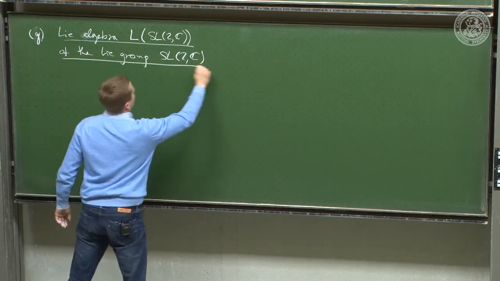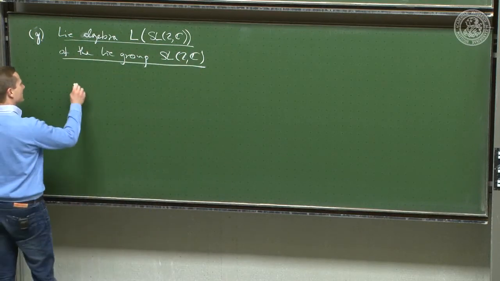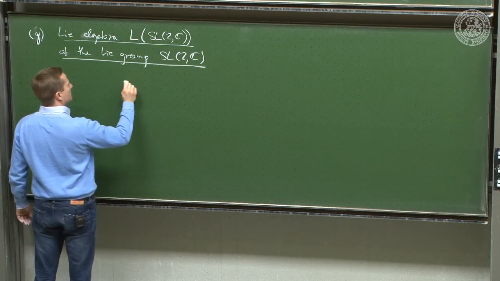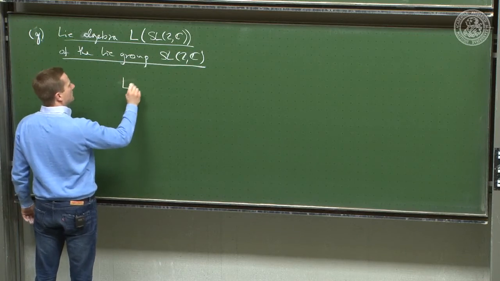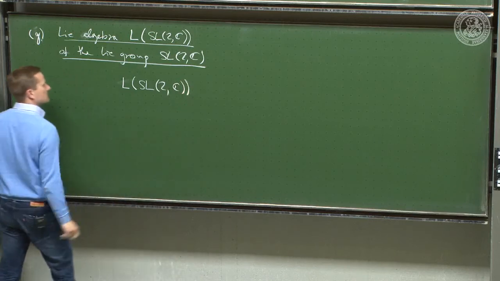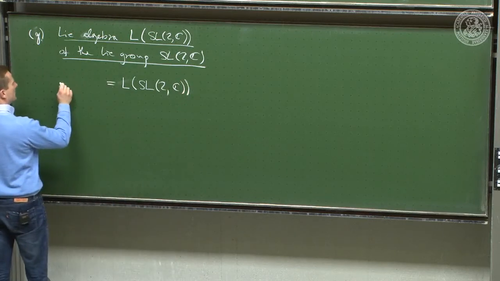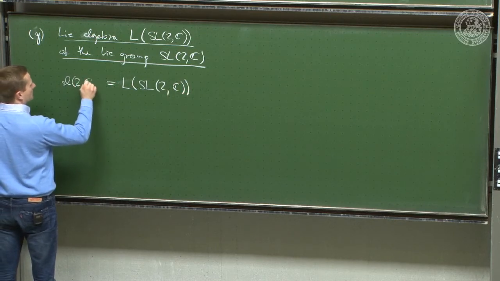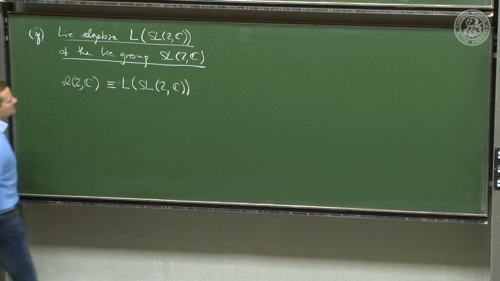Okay. So first of all, L of SL2C. There's lots to write, so usually one writes this as small s, small l, of 2C. It's just notation.